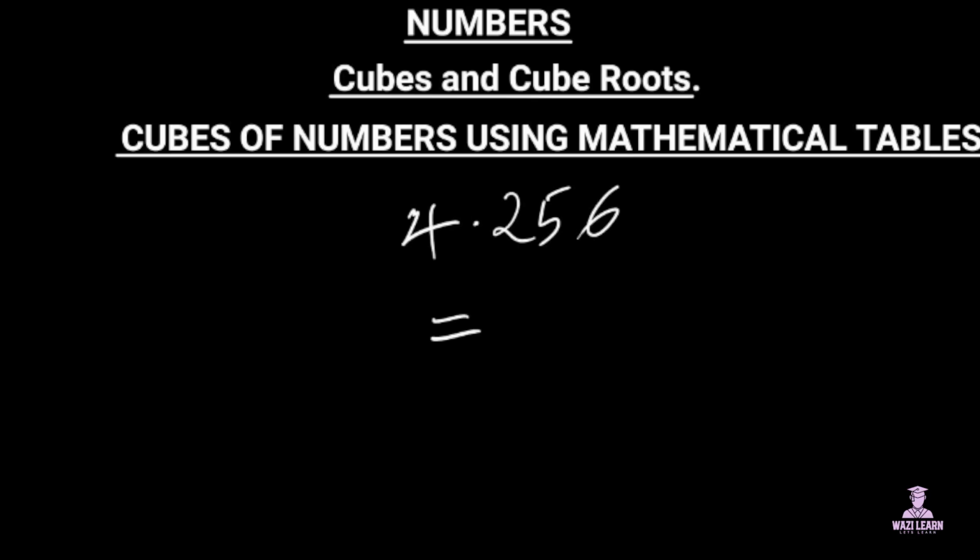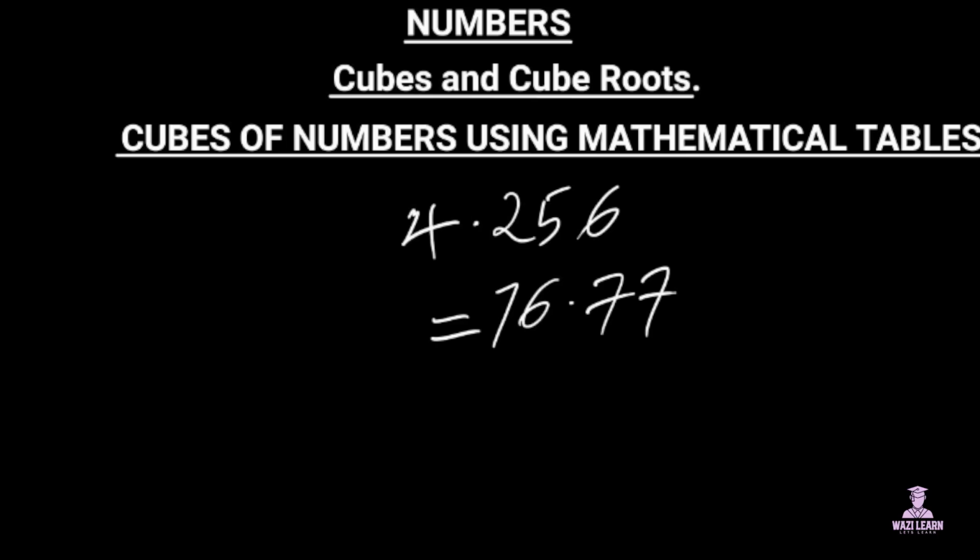Let's say we have 4.256. It will be the same thing. The first two significant figures, look them up at the x column, which is 4.2. So you go where 4.2 is, and then move across to where it intersects with 5. So it will be 76.77. And then the fourth significant figure, you move to the add column.